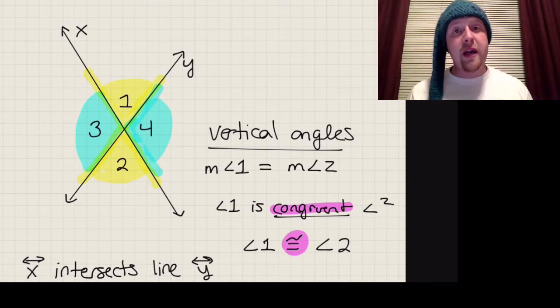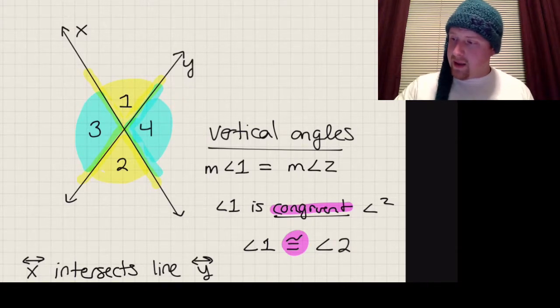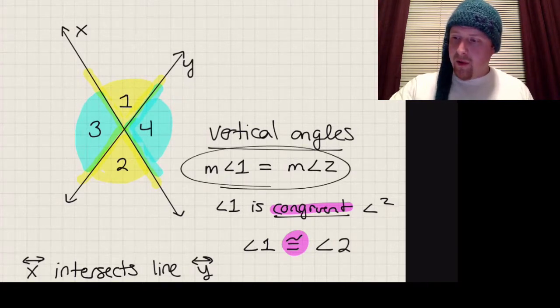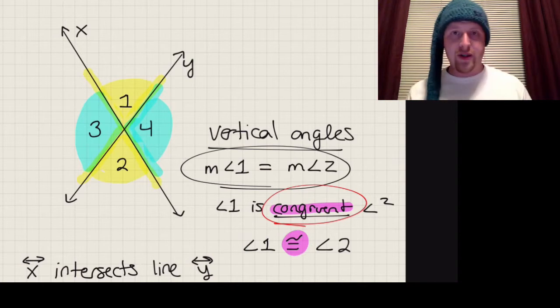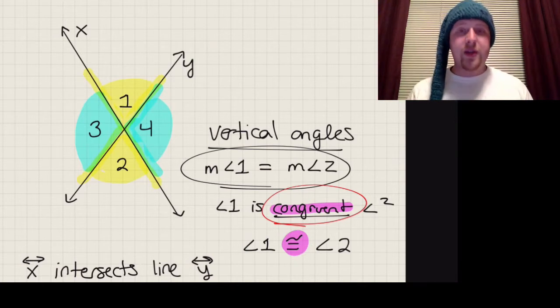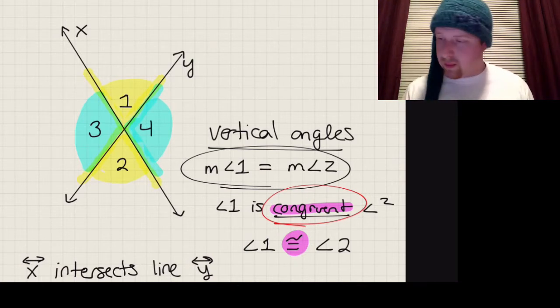Okay, and so 3 and 4 would have the same measure, and therefore they would be congruent as well, which means that they're exactly the same. They're just in different locations. So these are called vertical angles.